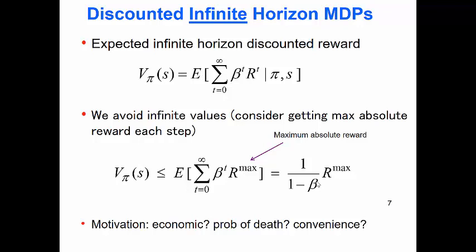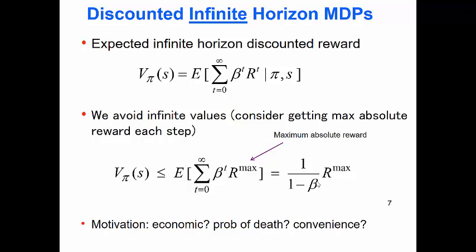So what you can show is that this model is equivalent to using a discount factor of 1 minus P, or 1 minus the probability of death. And so this makes sense. Suppose that your probability of death is very, very small, close to 0. That means you're expecting to live a long life, and you're going to be willing to pay for rewards that you're going to get in the future, and even far in the future.